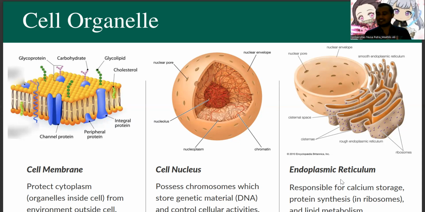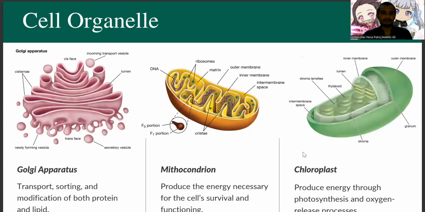Why can the endoplasmic reticulum synthesize protein? Because it has ribosomes. These ribosomes contain some enzymes which can synthesize protein. Okay, next one is the Golgi apparatus. The Golgi apparatus can transport, sort, and modify protein and lipid.